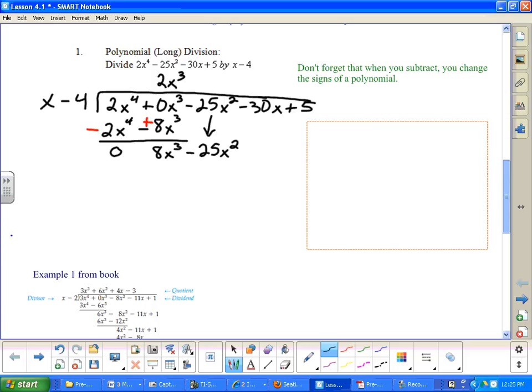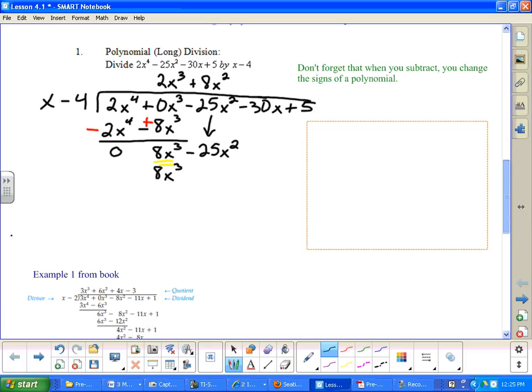So now my focus goes to here, the 8x cubed. What's 8x cubed divided by x? 8x squared. So I'm going to put plus 8x squared up here over the squared term. So then once again we will multiply 8x squared times x, 8x cubed.